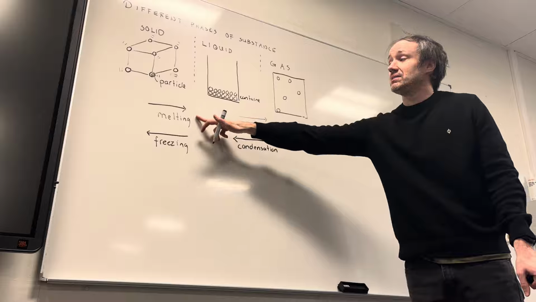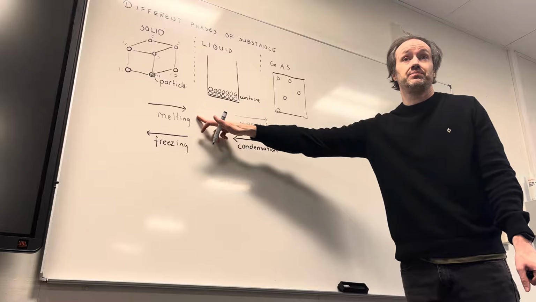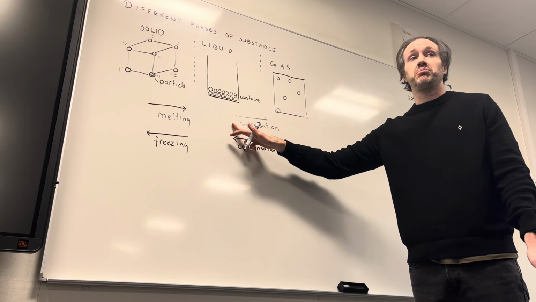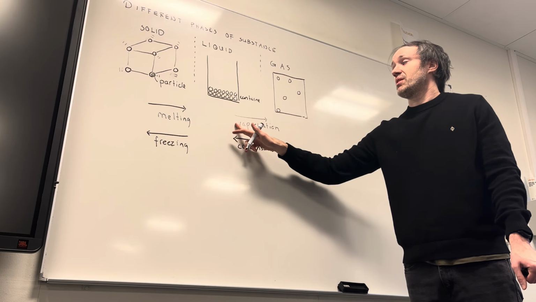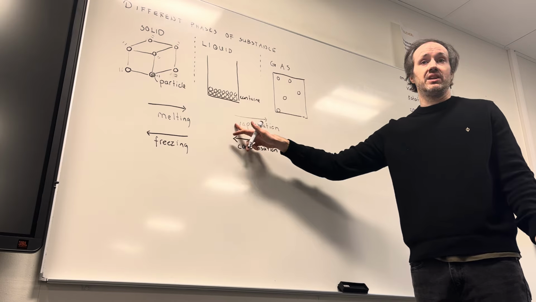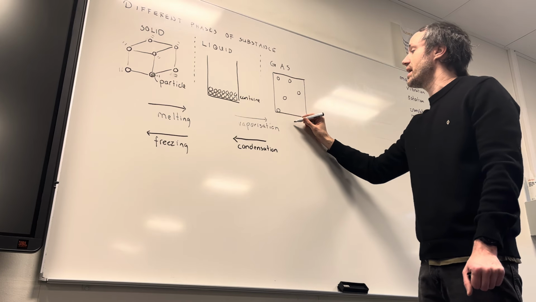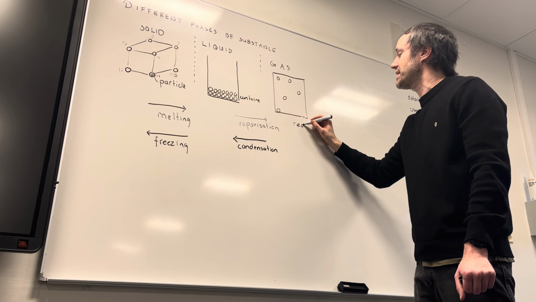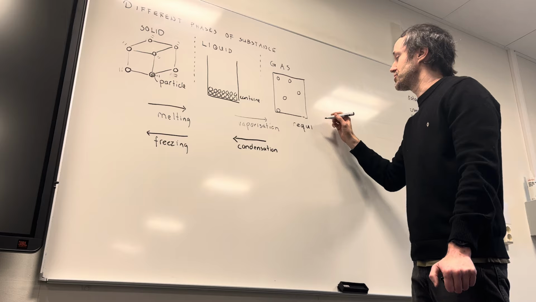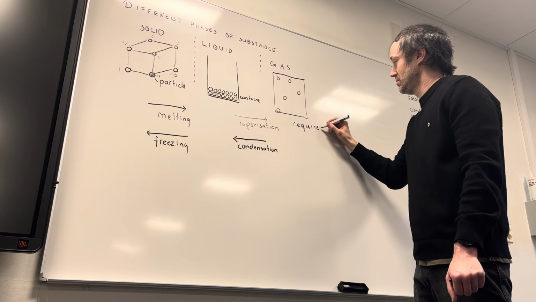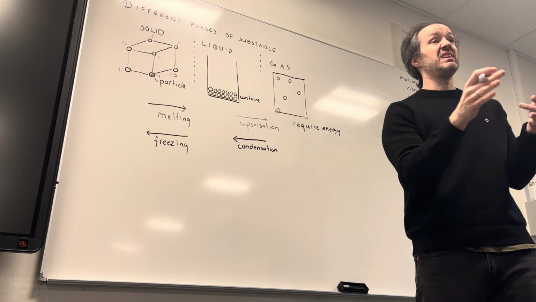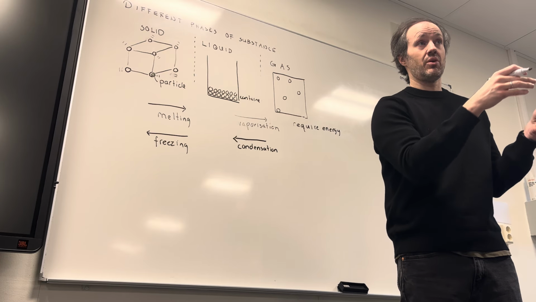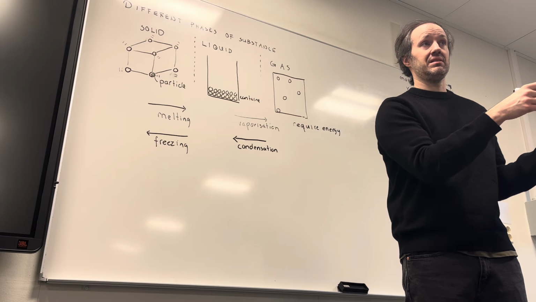At melting temperature and at boiling point, melting and vaporization require energy. These are processes that require energy. You have to add energy in order to melt ice. If you have ice at 0 degrees Celsius, it doesn't melt automatically.